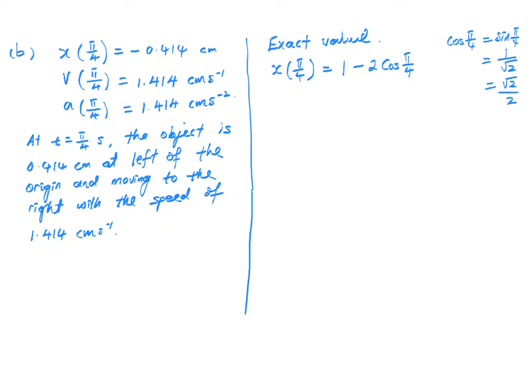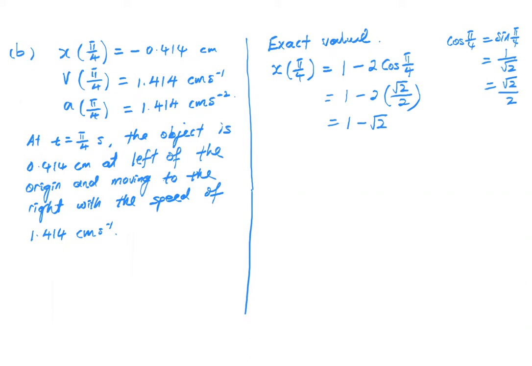This one is a must to know because if the question asks for exact displacement and you can't give me, then it's too bad. So this is 1 minus 2 times root 2 over 2. So this is 1 minus root 2. That's why I know it's negative 0.414, because the approximate value of root 2 is 1.414. All maths teachers memorized by heart already.